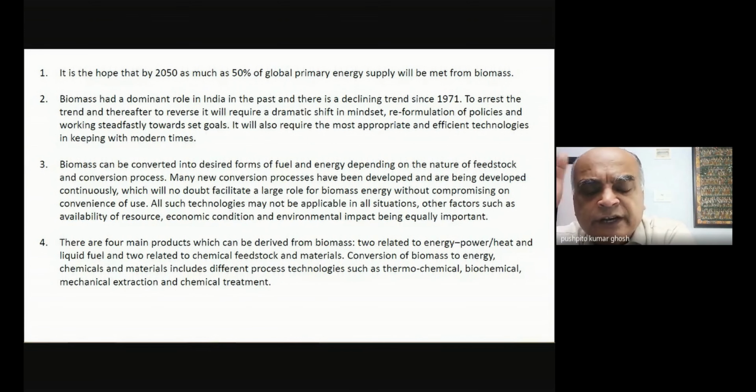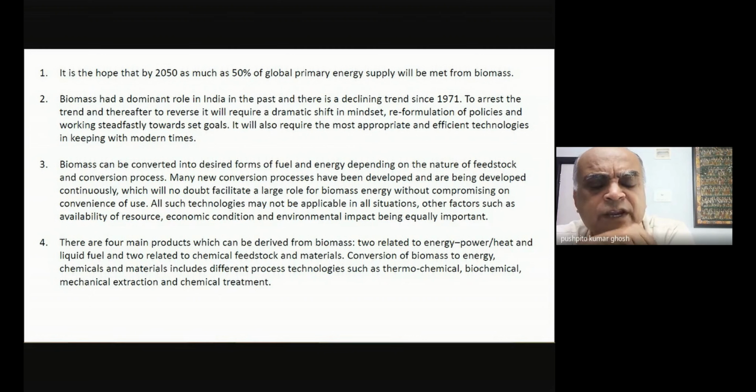So the rest of today's lecture, and maybe the next lecture and the lecture after that, will all be focused on how the biomass is actually getting used. We have identified the source, but how it is being converted into a required renewable energy form is what we will look at over the next maybe 2.5 lectures.